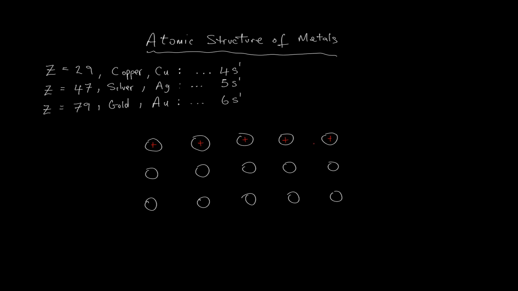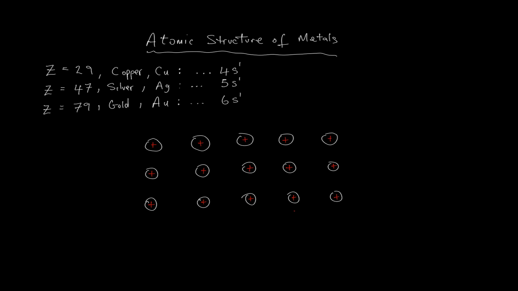Therefore, the atom is no longer neutral. It's missing a negative charge, which means it's therefore positively charged. And all of these will have that outer electron stripped away. So these are all ions, positively charged.